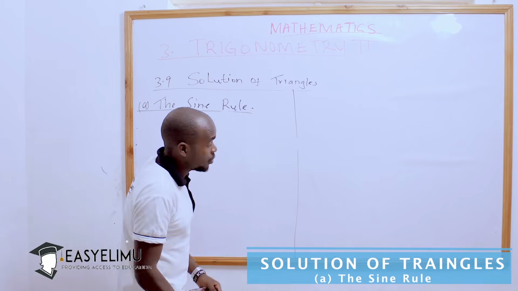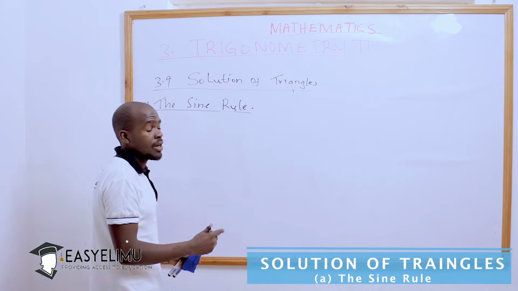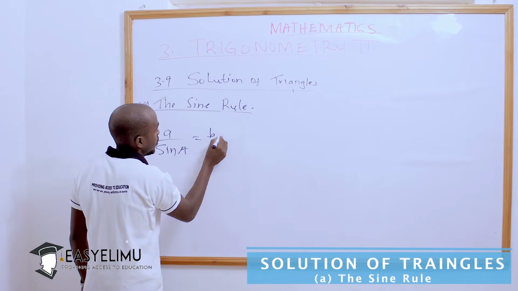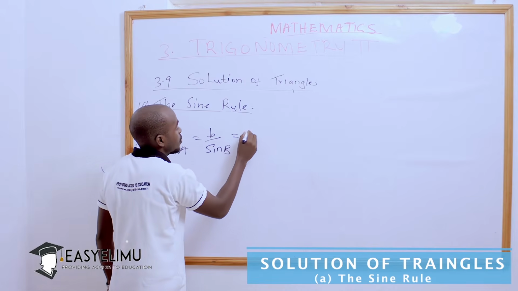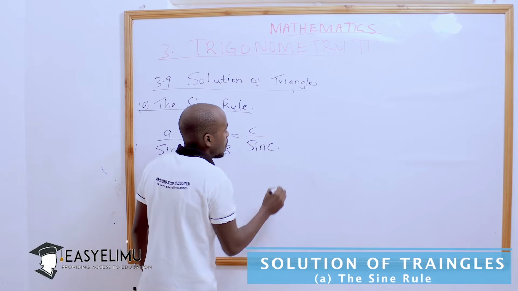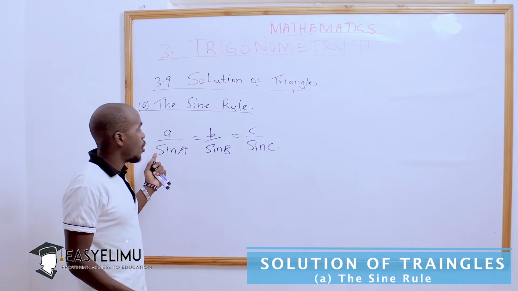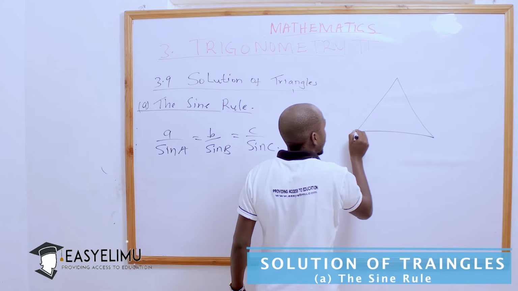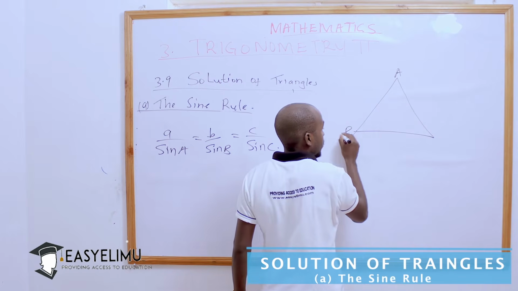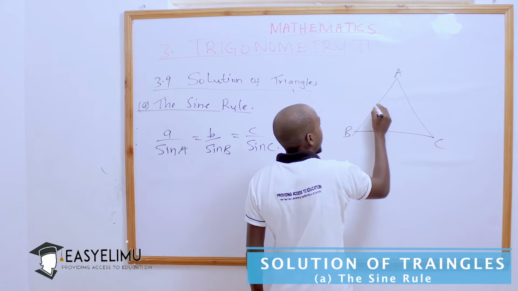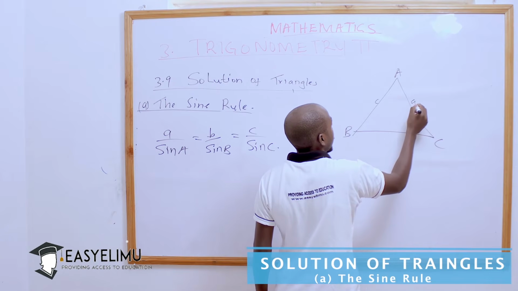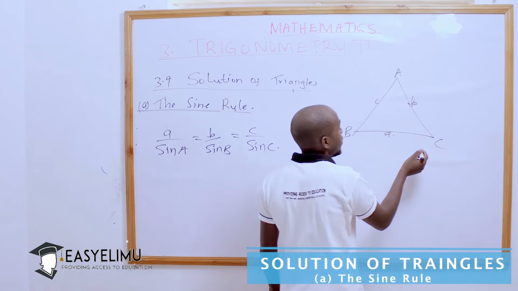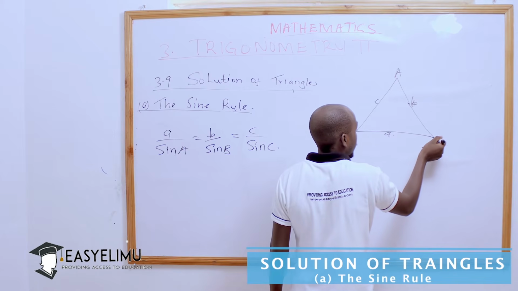So we have found out that using that triangle, A over sine A equals B over sine B, which is equal to C over sine C. But what we know is that if you circumscribe, for example, if this is our triangle, and this was A, B, C, circumscribing is you pass a circle, you draw a circle.